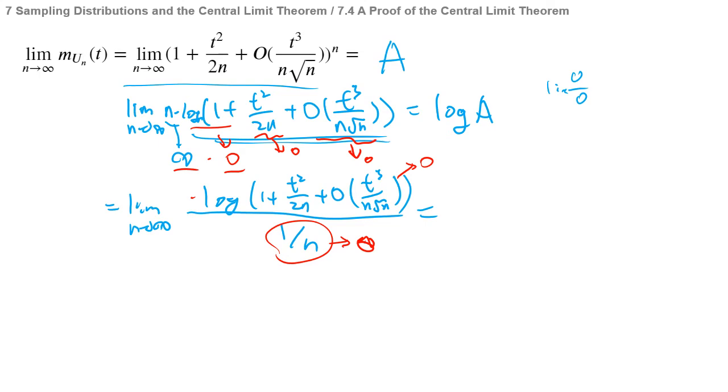If we apply L'Hopital's rule, let's get the derivative of 1 over n, which is n to the minus 1, so the derivative is minus n to the minus 2. And what about the upper part? The derivative of log x is 1 over x.